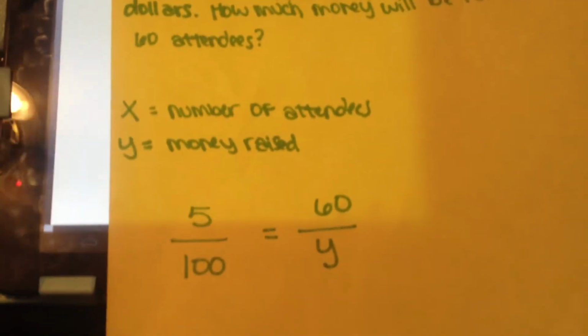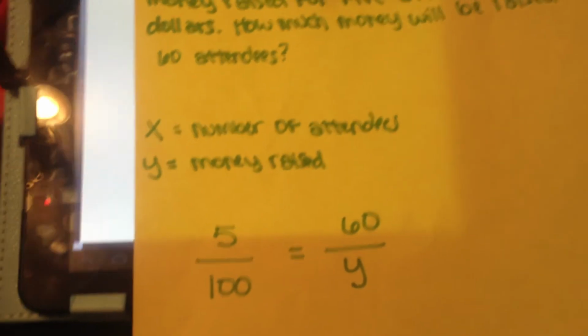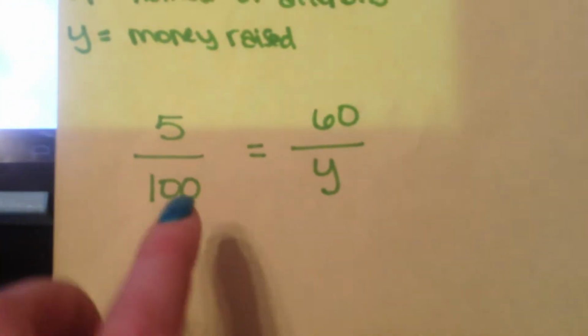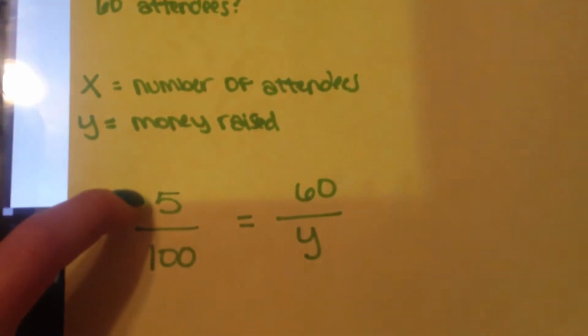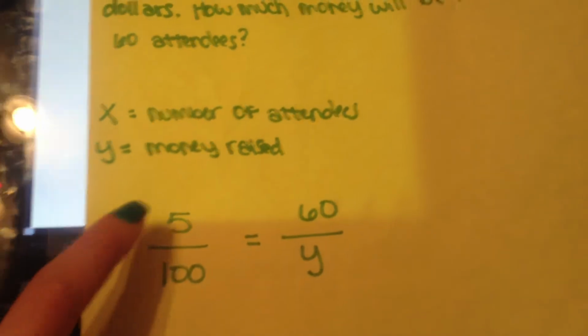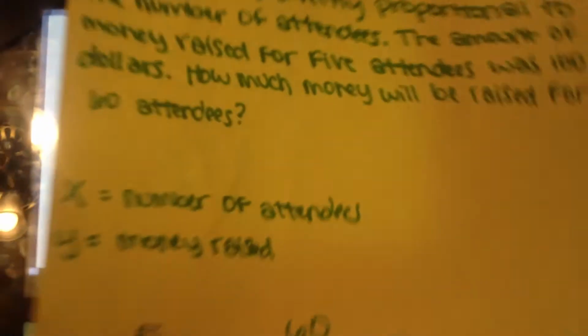So here we just have to decide what is x and what is y. We said x was the number of attendees and y is the money raised. So we'd set it up into a proportion: that's the number of people who attended, and that's how much money they made from those people. So if 60 people came, how much money would they make?